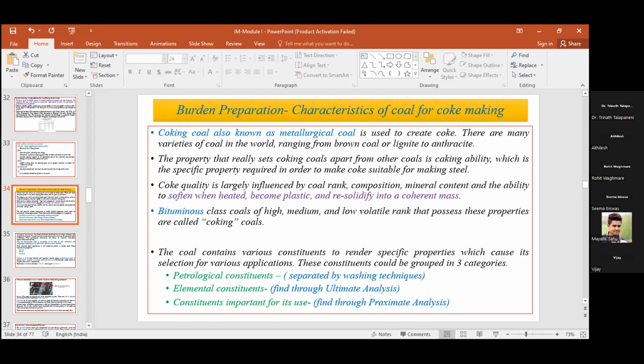So mostly in the coke making process, we use bituminous coals to the maximum extent, and to a certain extent anthracite coals are also used, but majorly bituminous coals are used. I'll stop here. We will discuss in the next class what the various constituents present in coal are.